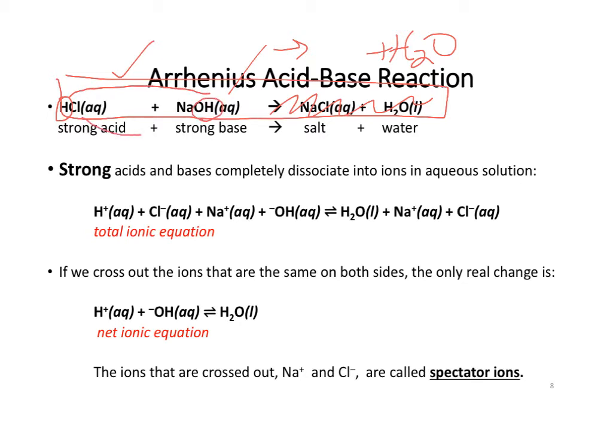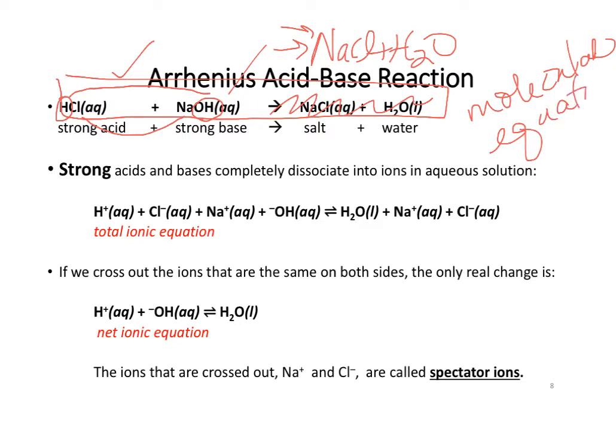What's left over you're going to combine, and what's left over in this case is NaCl. Remember to put the metal first. That's just convention. In other words, don't write it as ClNa. That's not right. All right, so once you can write that balanced, what we call molecular equation, so you haven't shown anything as an ion, you've just given an overall view of what's going on chemically.